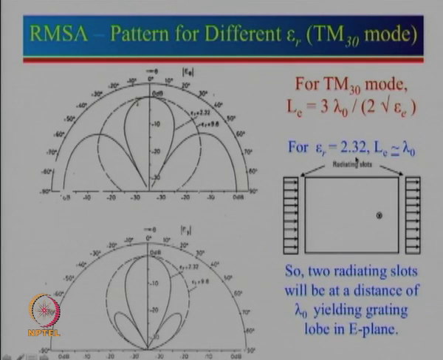Whereas, for epsilon r 9.8 if I just approximately assume 9.8 is epsilon r, then epsilon e is approximately 9, square root of 9 will be 3. So, 3 lambda 0 divided by 2 into 3 will be lambda 0 by 2. So, array factor will not have any grating lobe and that is why we do not see any grating lobe here. Now, the similar thing you can see here, but here we see that there is no grating lobe coming into picture.